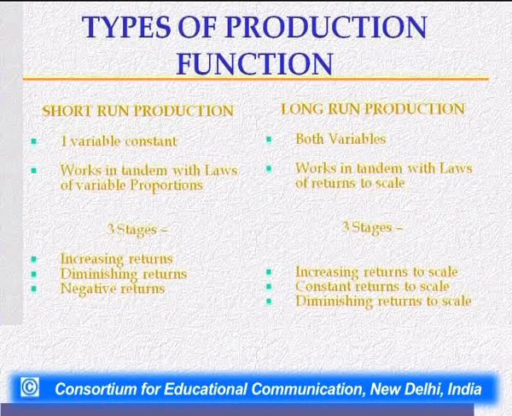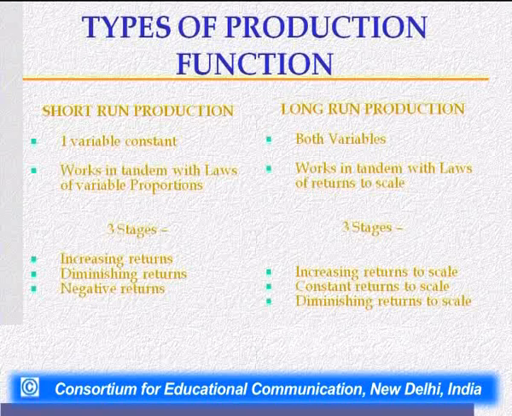It works in tandem with the law of variable proportions. When we hold one variable constant, we get three stages: the first is increasing returns, the second is diminishing returns, and the third is negative returns. We will discuss all three stages in detail in a further slide.